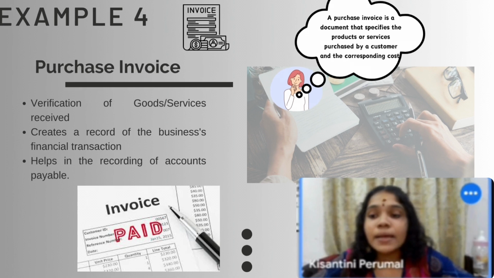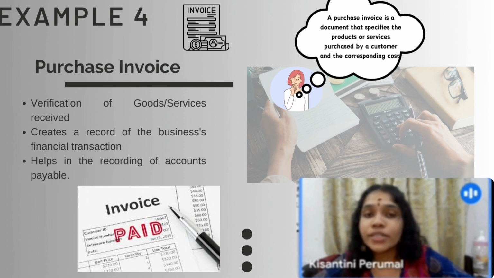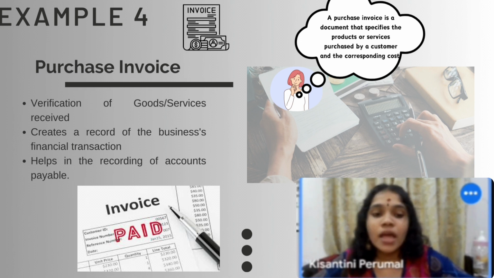And the last example is purchase invoice. The function of this source document is verification of goods or service receipt. This confirms that the products or services have been delivered to the company as agreed.